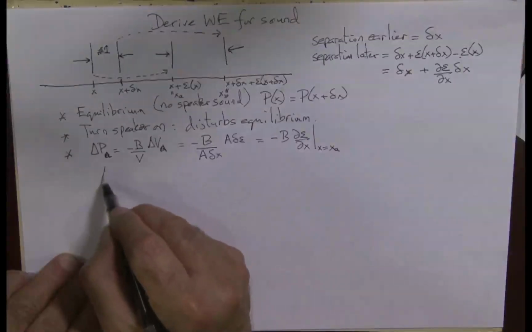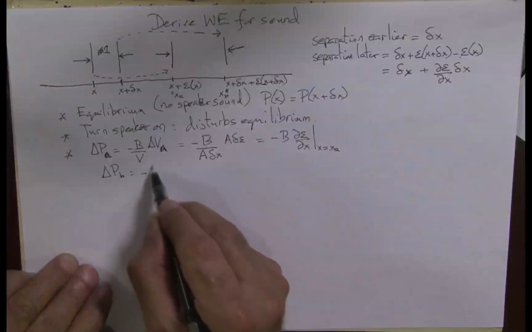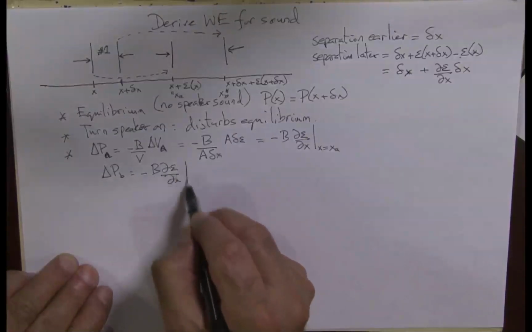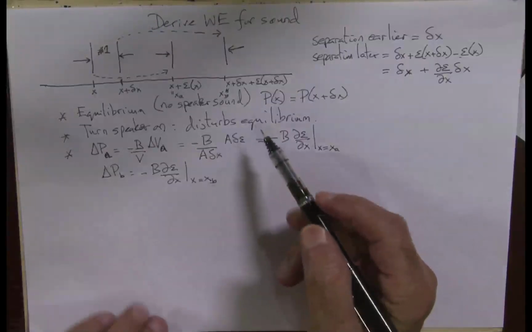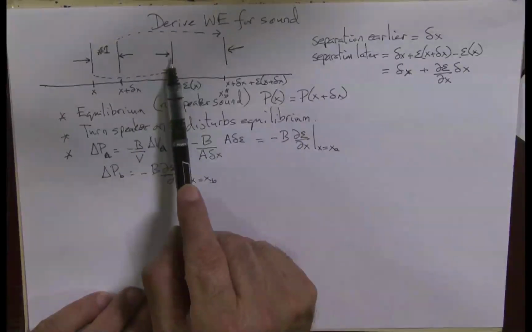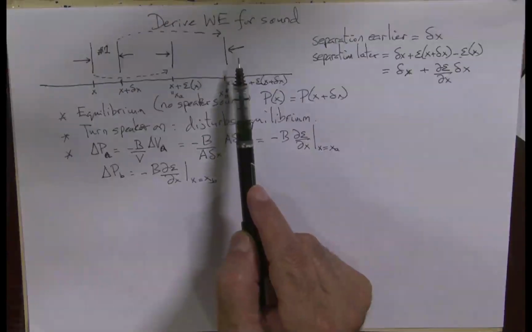Similarly, delta PB will be equal to minus B d epsilon by dx at x equal to xb. It's very important to realize that the excess pressure here and the excess pressure here will not be equal to each other. And pressure depends upon where you are in the gas.